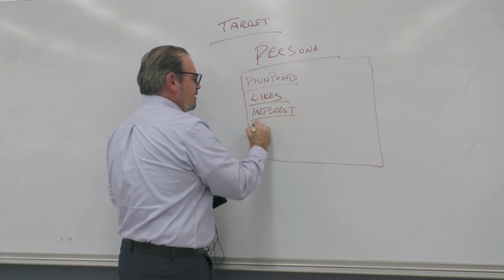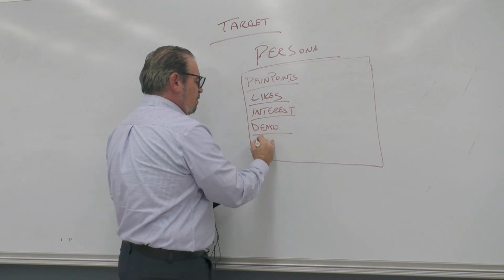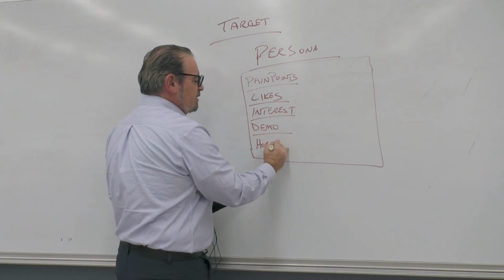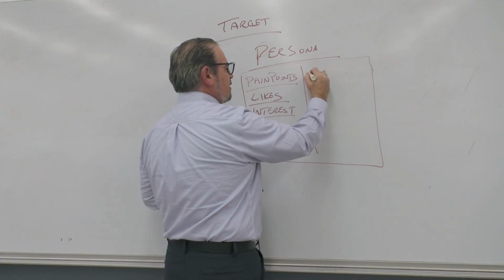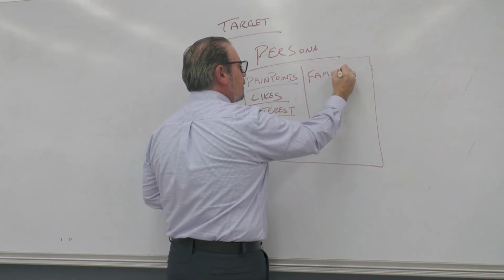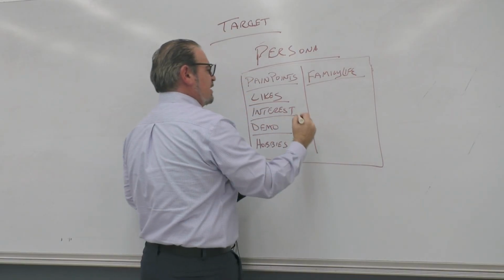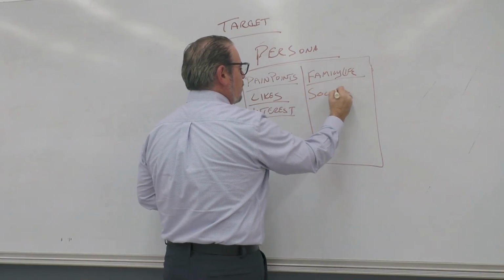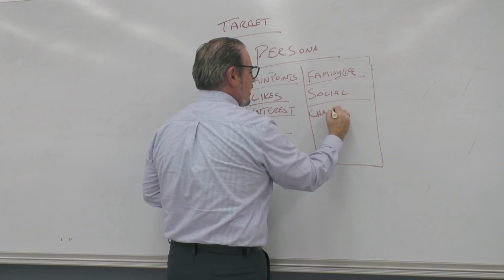We want to look at their demographics, meaning their age, things of that nature. Maybe we want to understand their hobbies. Maybe we want to understand their family life, right? Maybe we want to understand their social life. And we also want to understand what social channels they're on.